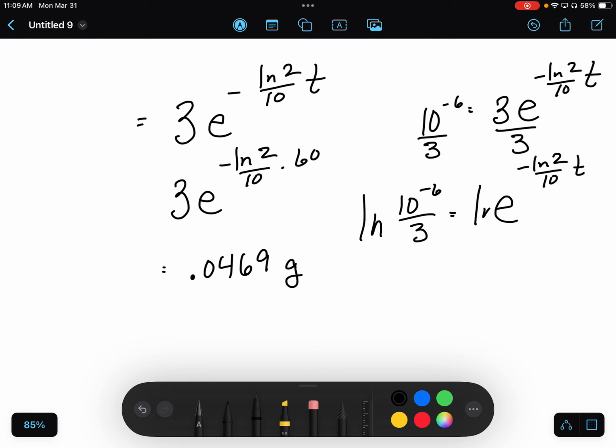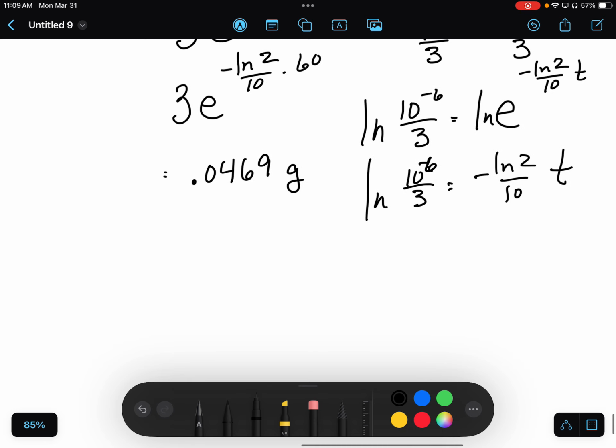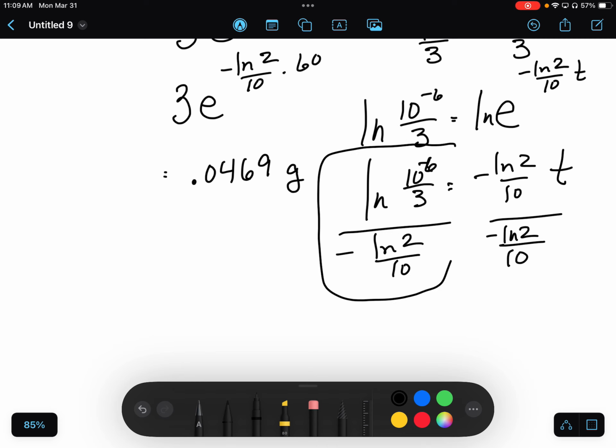Natural log both sides. And then divide by all this. And that'll give you the T. So if you type that in, that should give you how much time it took to get to 1 microgram.